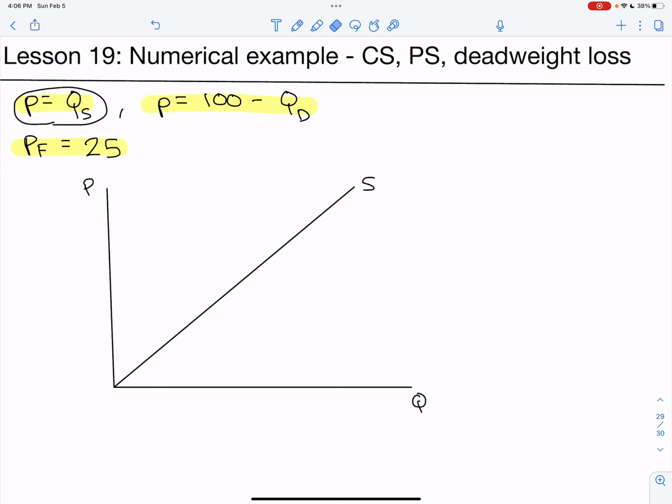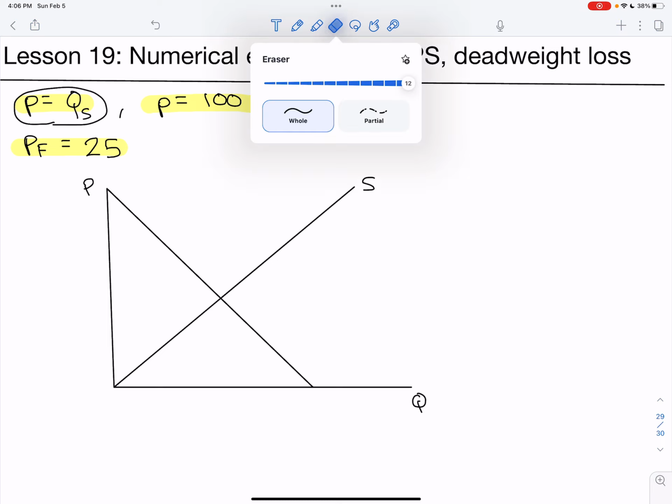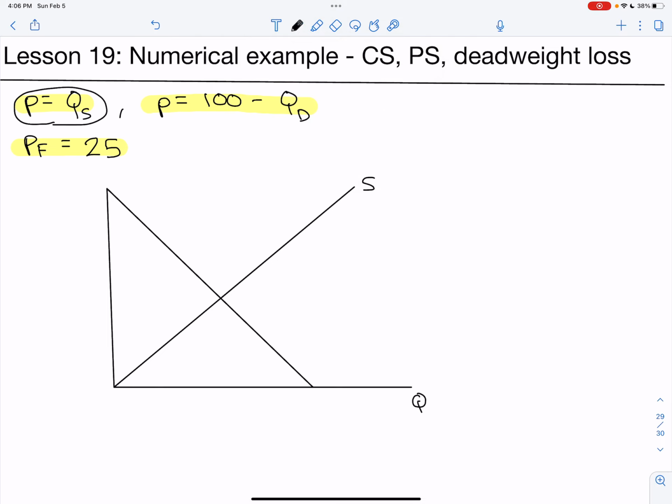Of course, it would be downward sloping as expected, and its y-intercept up here would be 100. It doesn't actually matter for this video.